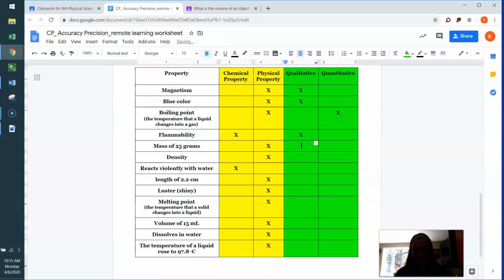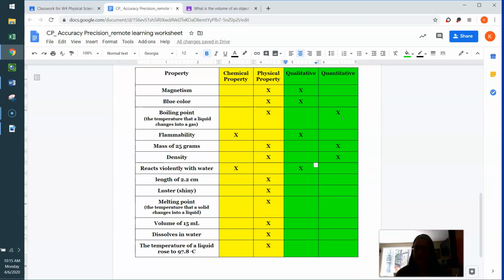That's qualitative. Mass is a measured value. We use numbers to represent the mass. That is quantitative. Density, the same. It's a number, numerical measurement. It is quantitative. Quantity, how many, how much. Okay. That it reacts with water is a qualitative observation. There's no numbers I have to measure.